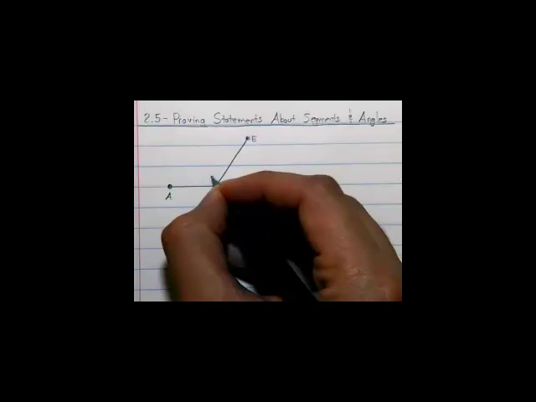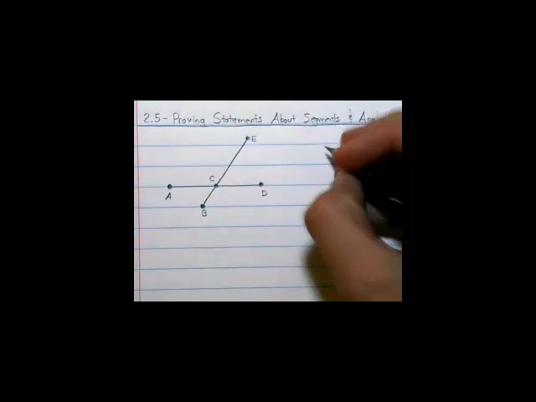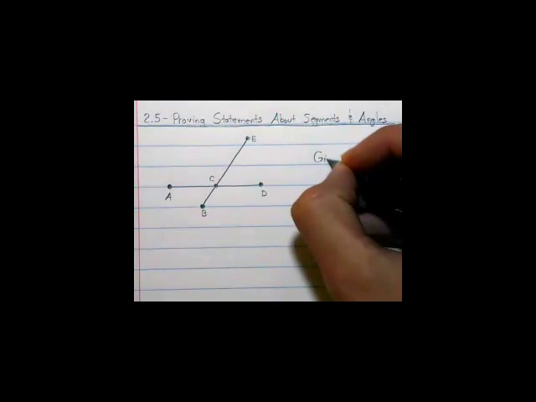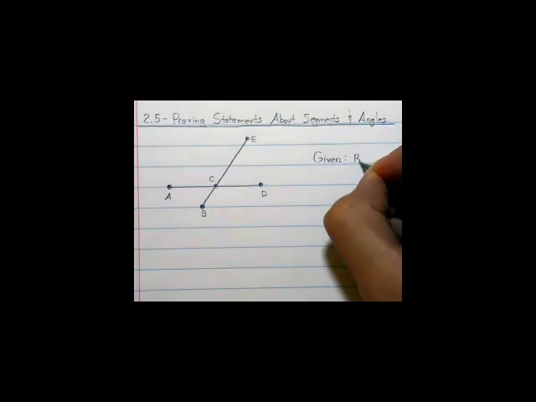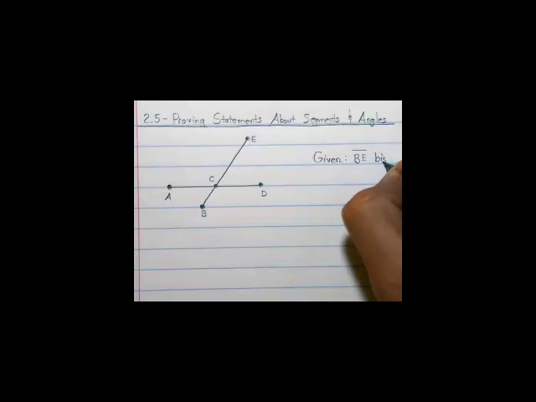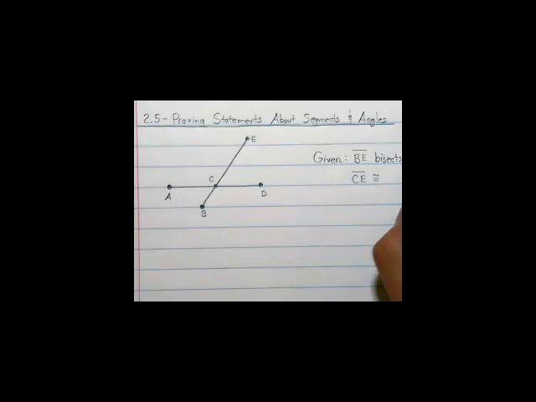And the intersection is going to happen at C. Alright, so our given information for this is the segment BE bisects segment AD. And also, CE is congruent to CD.